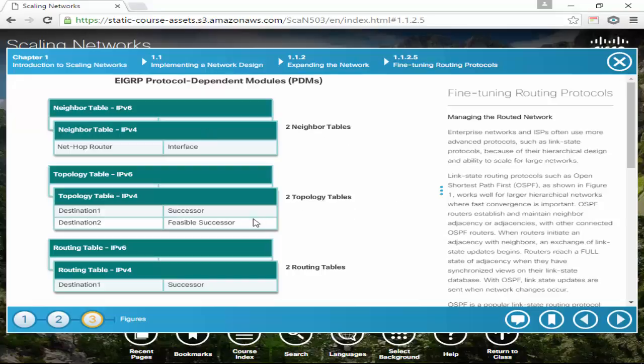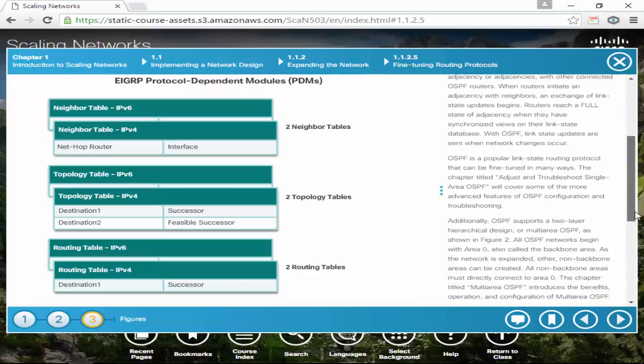And then the successor in EIGRP, I don't know why they're telling you this because you haven't studied it, but the successor is the route it chooses. This is the backup route, and so it keeps different routing tables, or it keeps both the tables. Either way, I don't know, is there anything else they need you to know about that?